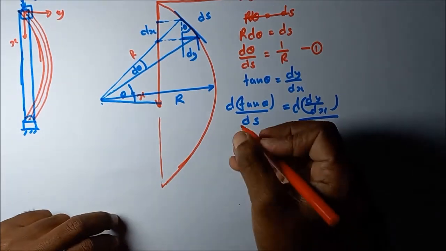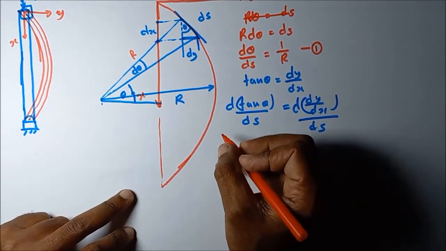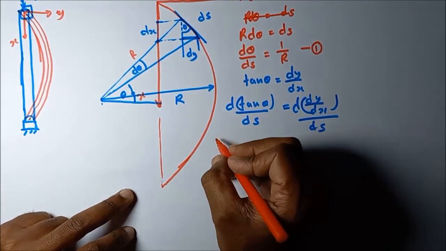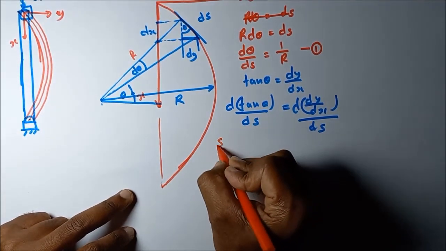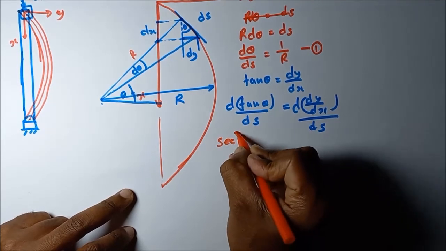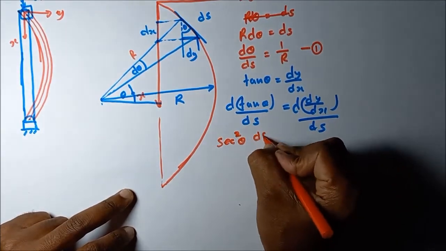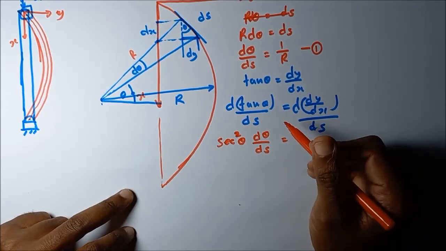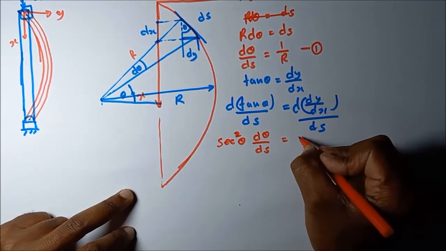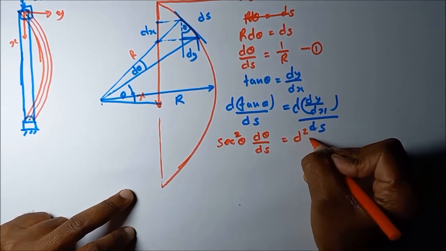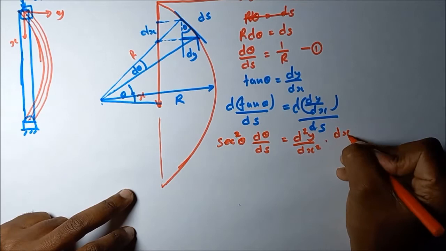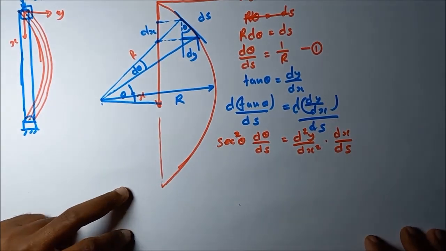Instead, we differentiate with respect to theta and then multiply by d theta over ds. What is the derivative of tan theta? Sec square theta. So sec square theta d theta divided by ds is equal to d2y over dx square into dx divided by ds.